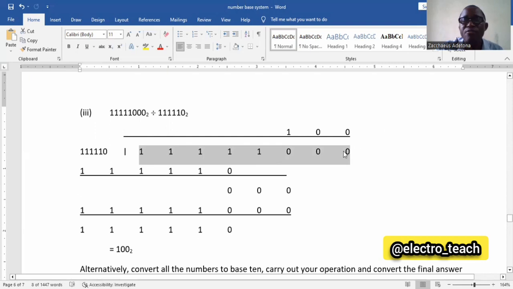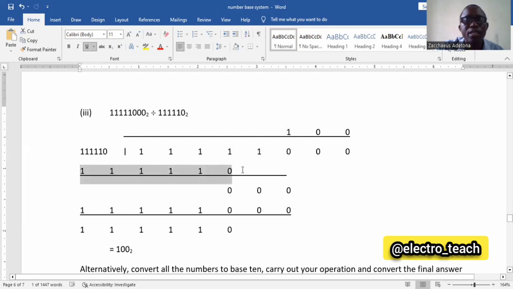How many times we get it from here? We get it one time. Write 1 down. Then if you multiply it, you write it out here.